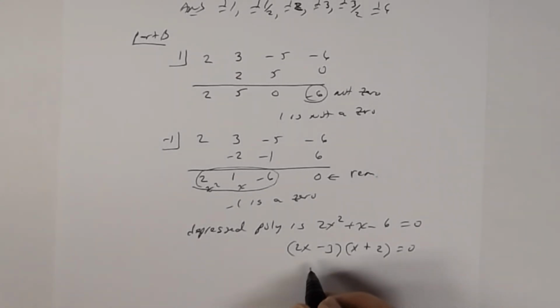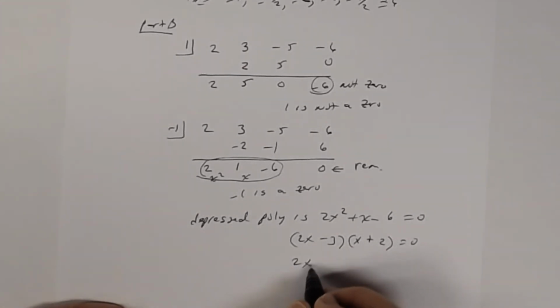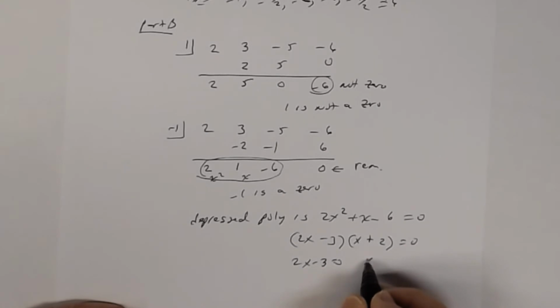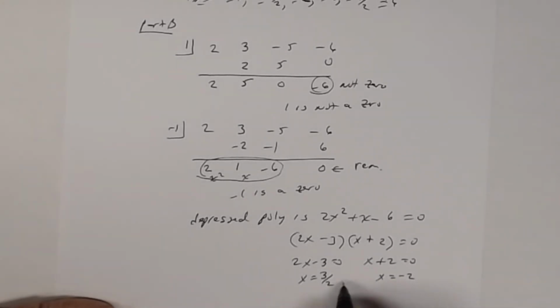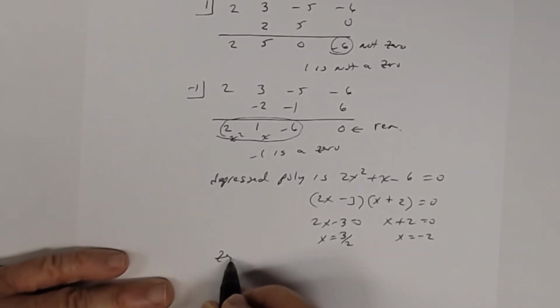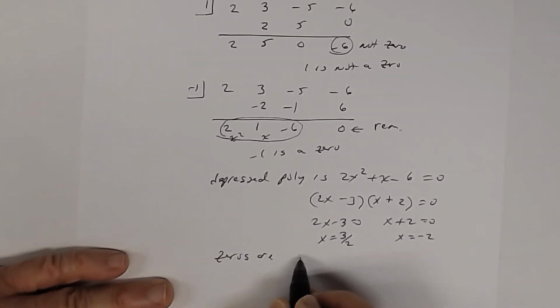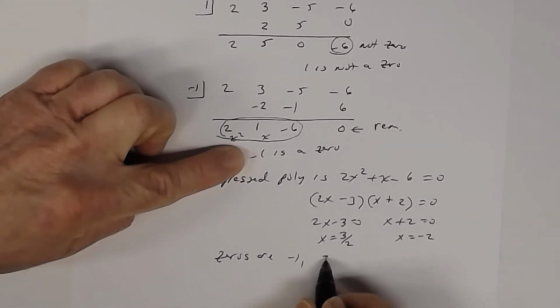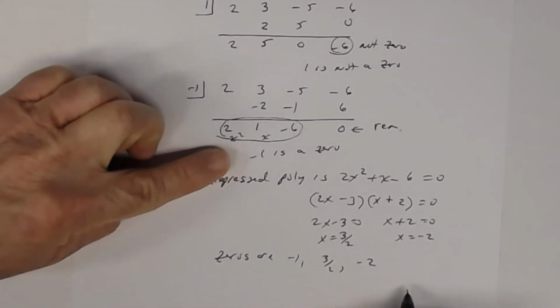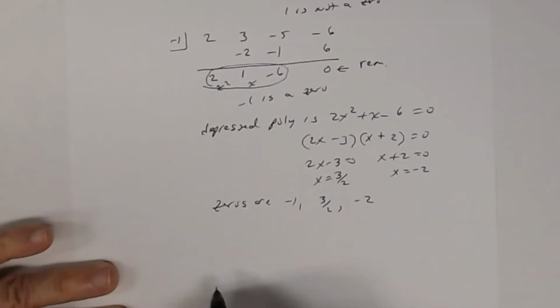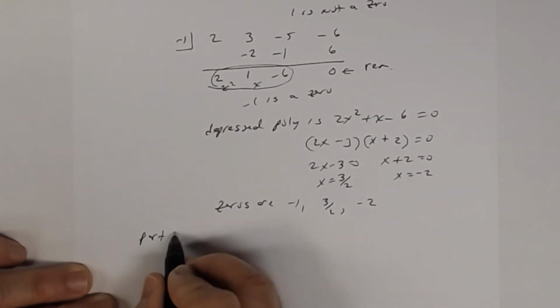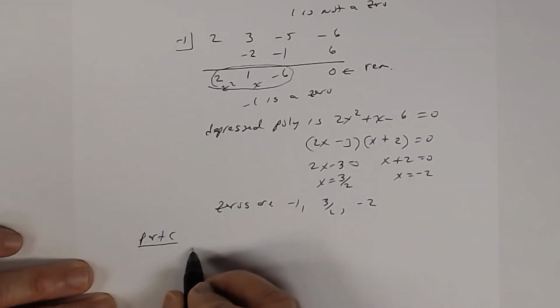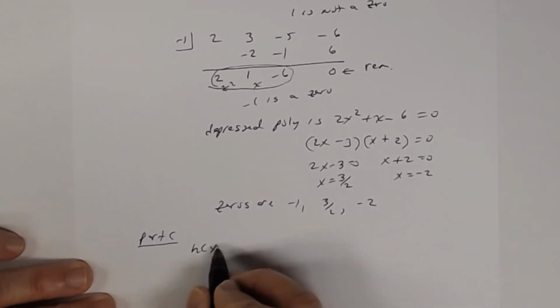All right, so setting each of those equal to 0, 2x minus 3 equals 0, x plus 2 equals 0. So x is 3 halves, and x is negative 2. So those are the other two zeros. So my zeros altogether are negative 1, 3 halves, and negative 2. So now we're going to factor. So part C, we're going to factor. So h of x will equal.